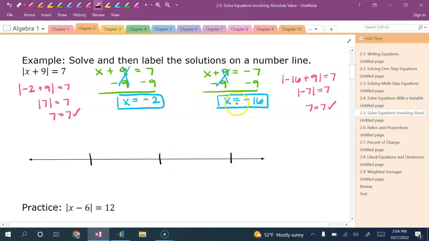Now both of my answers here are negative, and you put the bigger number farthest to the left because it would be getting more and more negative, or smaller, which would mean it would be farther away from 0. So -16 needs to go way over on the left side. -2 then needs to go in the middle here, and 0 needs to go on the right side. And the last thing that we want to do is just put solution points on those two numbers.